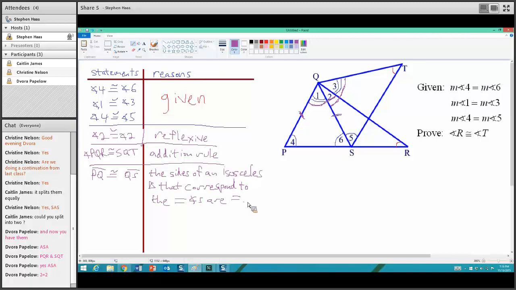In other words, the fact that PQS has two equal angles means it's an isosceles triangle. And the fact that it has two equal angles means that the sides that correspond to them are equal. The side that corresponds to 6 is equal to the side that corresponds to 4. And now we've got angle 4 to angle 5, which was already given.